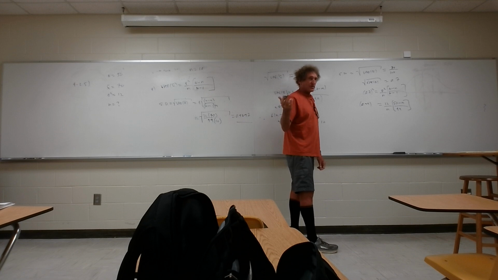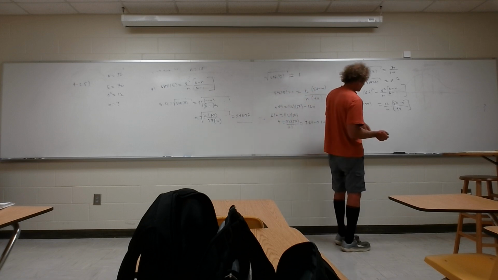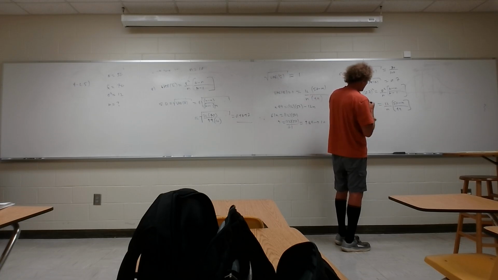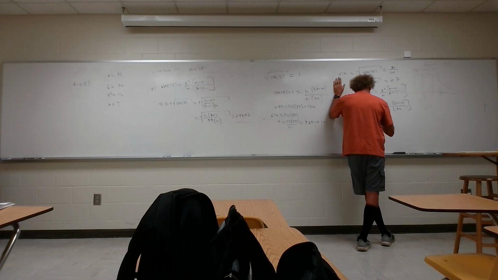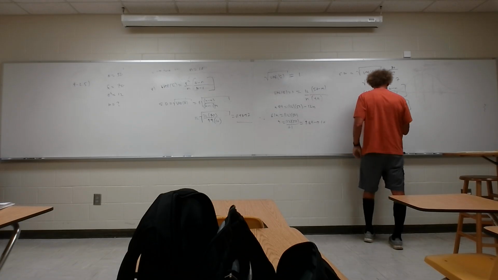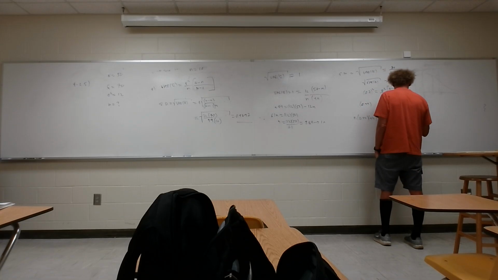Can you agree with this, class? We can multiply 49 times 0.49 times n, and basically you solve for the whole thing. So n times 0.49 times 49 is equal to 12 times 50 minus 12n.